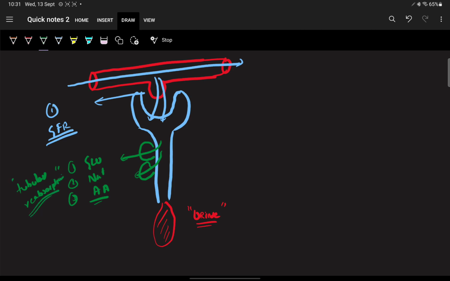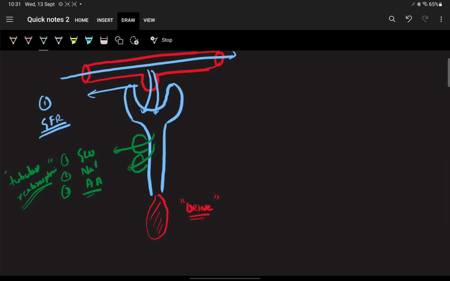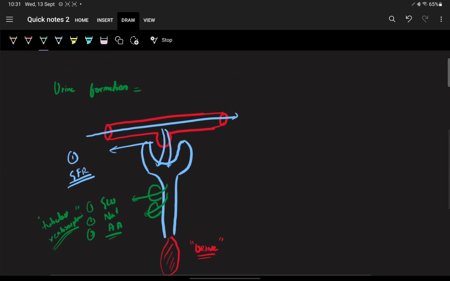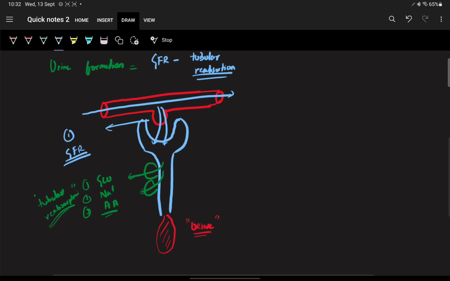Whenever the plasma is flowing, it contains important substances such as glucose, sodium and amino acids, which will get reabsorbed in the PCT. Obviously these substances are not found in the urine, hence in the equation we have to subtract the tubular reabsorption from the GFR. Why are we removing tubular reabsorption? Because glucose, sodium and amino acids are not found in the urine.